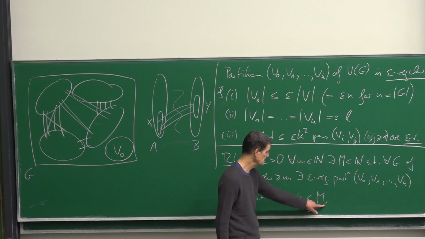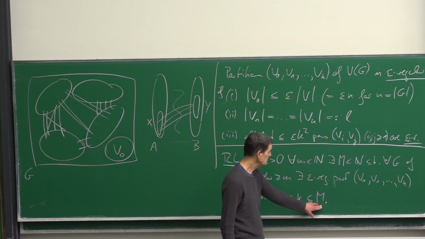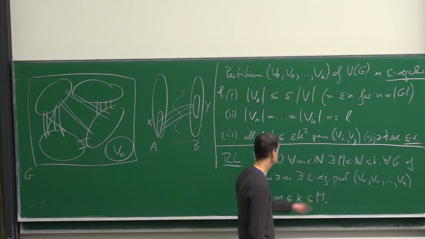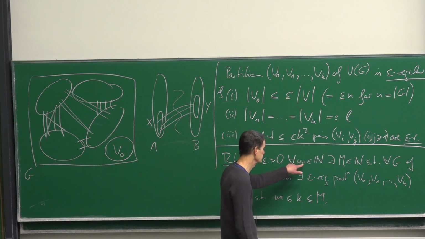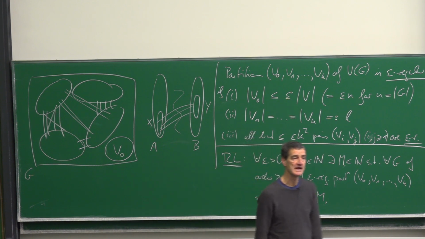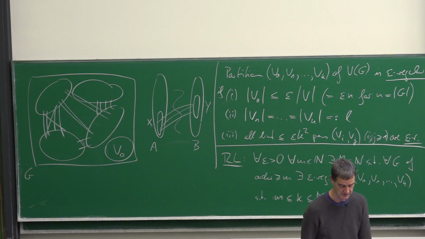There exists a partition into a bounded number of partition sets where this bound depends only on the epsilon that we have chosen, and of course it has to be bigger than the little m that we have chosen.